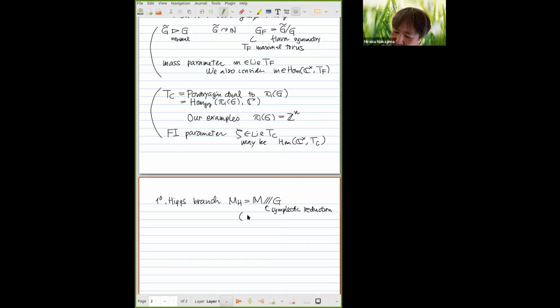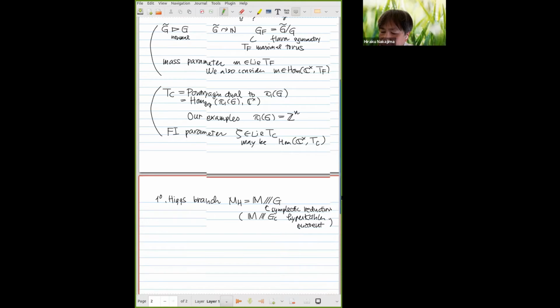If I put the Hermitian inner product on M, this is nothing but the hyperkähler quotient. I will use algebraic geometric techniques later, so I prefer the symplectic reduction rather than the hyperkähler quotient.